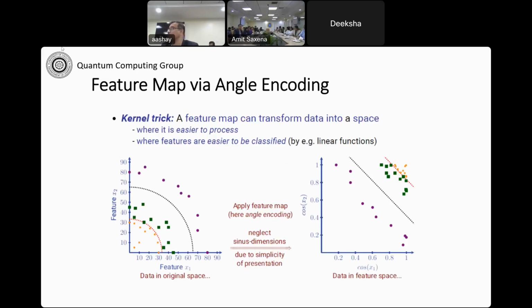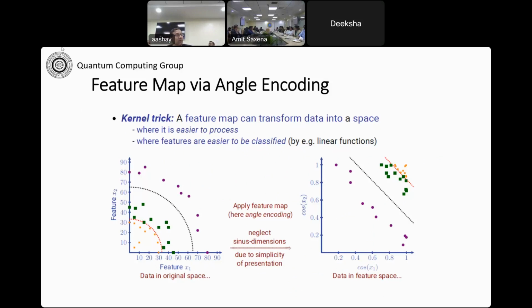There are also other things. As I said, angle encoding gives you non-linearity, because you are doing it in terms of cosine, these types of functions, exponential functions. You can map a non-linear space to a linear space through the transformation, which is also the kernel trick done in many classical ML problems.